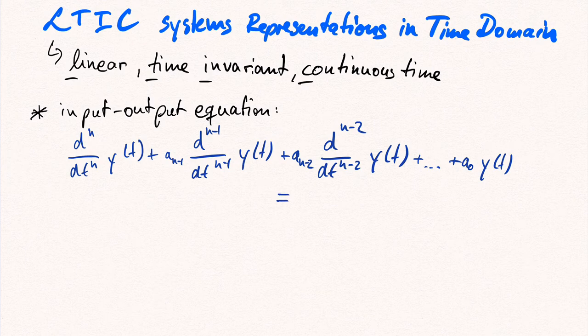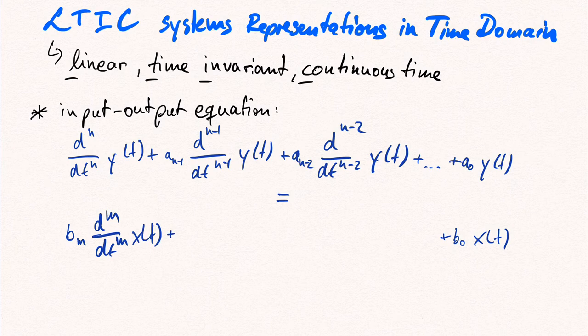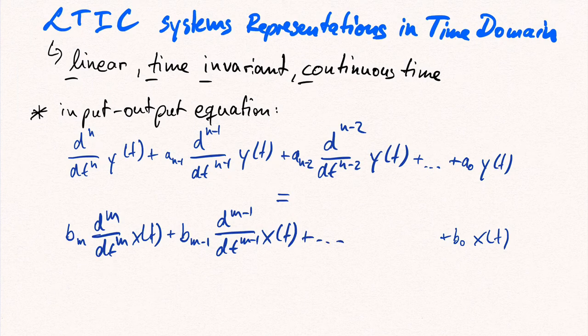This is equal to m+1 terms which depend on the input signal x(t) multiplied with coefficient b_0 and the first m derivatives of the input signal x(t), that is b_m times the mth derivative of x(t), plus b_{m-1} times the (m-1)th derivative of x(t), and all following derivatives up until b_0 times x(t).